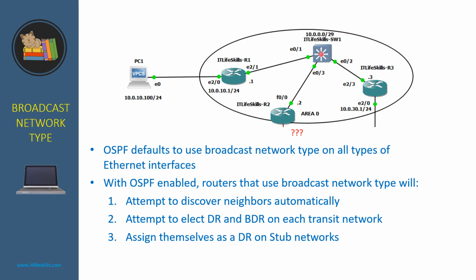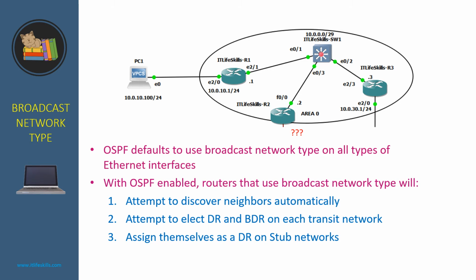To know why the routers form the neighborship automatically, we need to understand how OSPF sets the network types for router interfaces. OSPF defaults to using the broadcast network type on all types of Ethernet interfaces. As you may notice, all the interfaces of all routers in this network use either Ethernet or Fast Ethernet, which means OSPF will set their network types as broadcast.